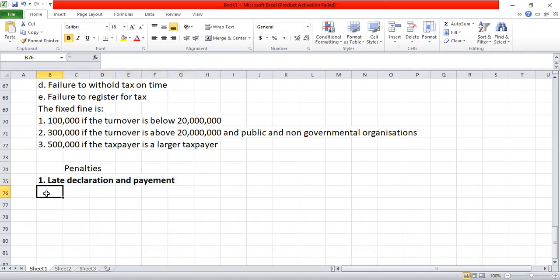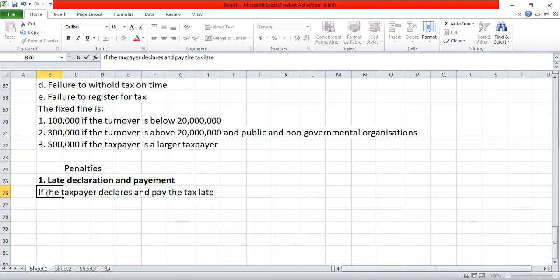So if the taxpayer declares and pays the tax late, they will pay the following penalty.